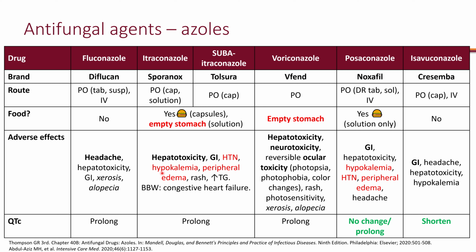So the potassium levels should be monitored, and some patients may need to be on potassium supplementation to manage this hypokalemia. And it can also lead to peripheral edema, so those are important to monitor. And of course, it's important if the patient also has heart failure. It's not a contraindication, but it's important to monitor the patient closely.